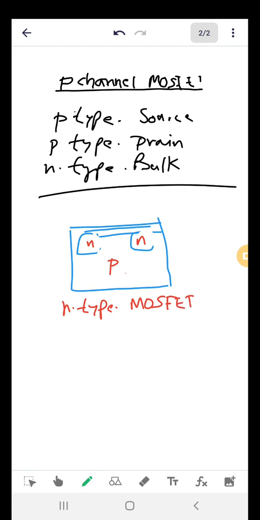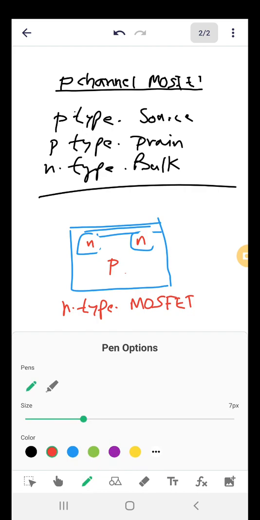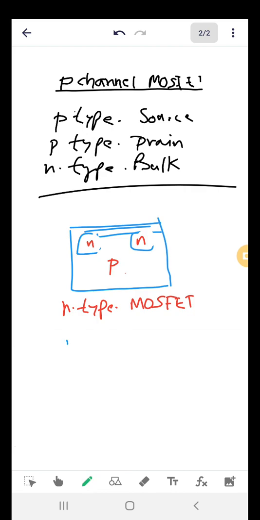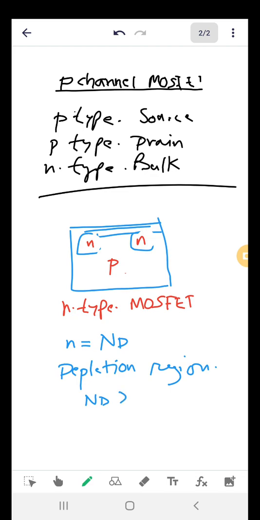When we have an N-type MOSFET, if N is the number of electrons and ND is the number of donors, then in the depletion region the number of donors is much greater than the number of electrons, and it is also much greater than the number of holes.